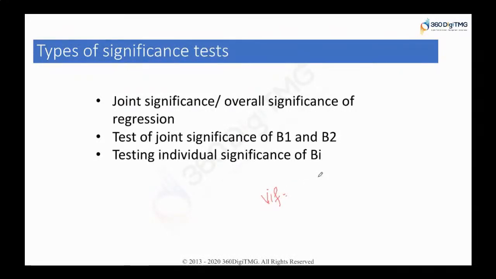Why are you doing all these things? Because you feel that the value you got, the p-value, is not up to the mark. It is saying that this particular variable is not having any impact on y. So there are various ways you are doing it. This is the formula for calculating variance inflation factor.